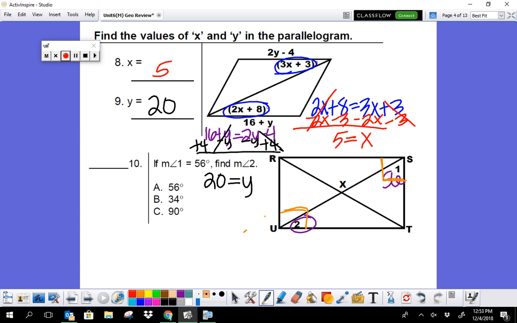Okay, so if that's 56, that means this piece is 56. And then that means that 90 minus 56 is 34. So that is B.